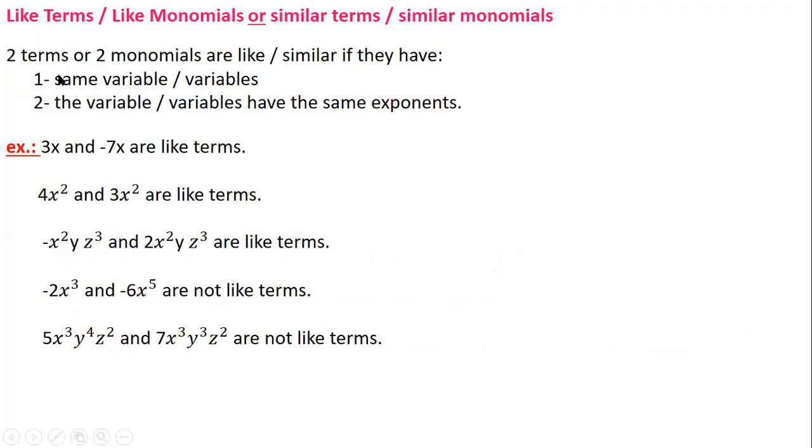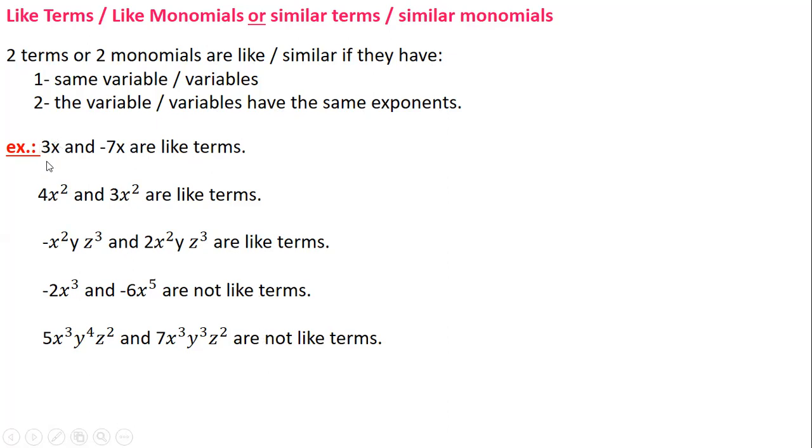Please write this note. Two terms or two monomials are like or similar if they have the same variable or variables. Also, the variable or the variables should have the same exponents. Now, I will give you examples.